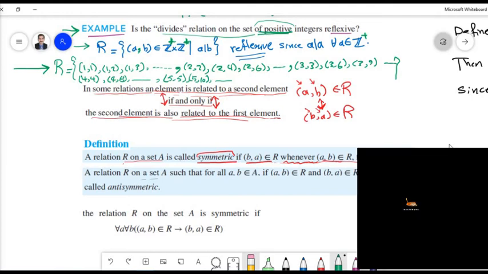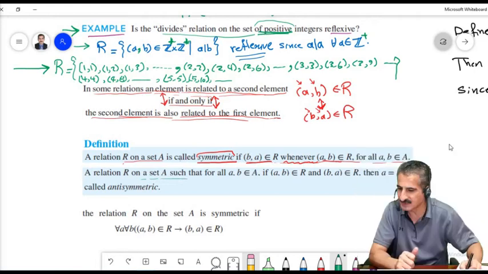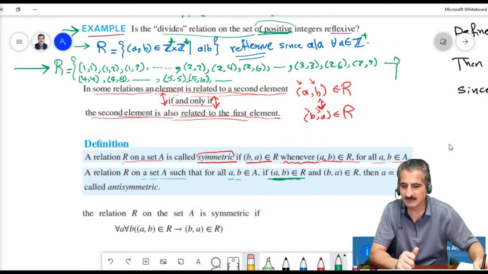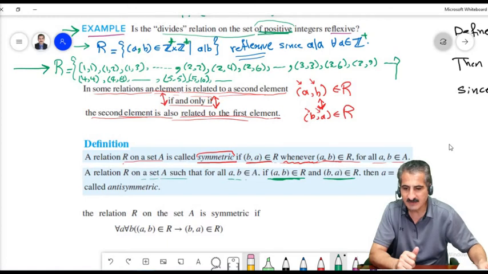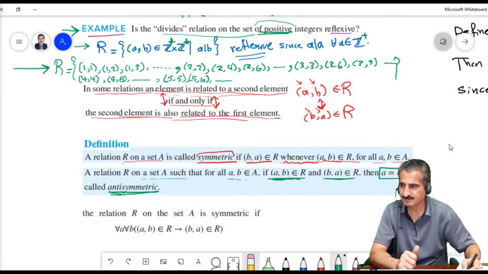If R is a relation on A such that if A is related to B and B is related to A, then we must have that A and B are equal. And in such a case, it is called antisymmetric. Antisymmetric. Do you still see me? Because my picture disappeared and then came back again.